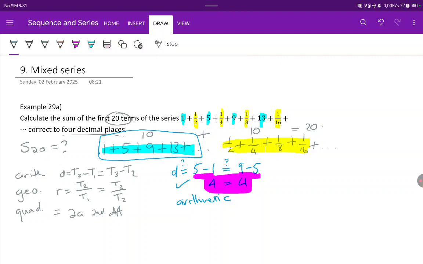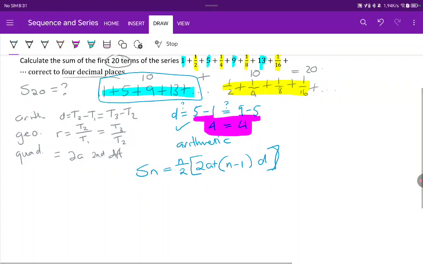Okay, now that we know it's arithmetic, we can use the Sn formula for arithmetic, which is n over 2, square bracket 2a, plus open bracket n minus 1 times d, and this is a square bracket at the end. Okay, so now we can substitute. We are doing Sn, so S10, because we want 10 blue terms.